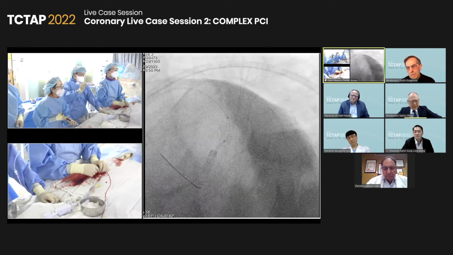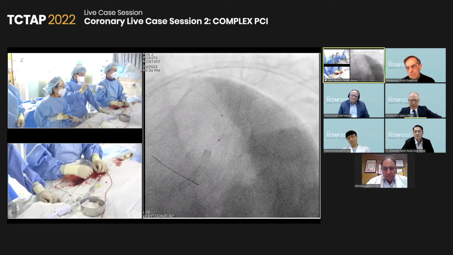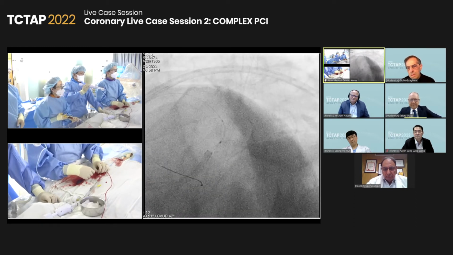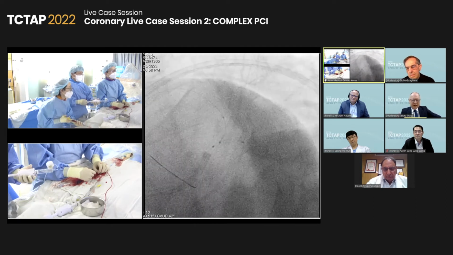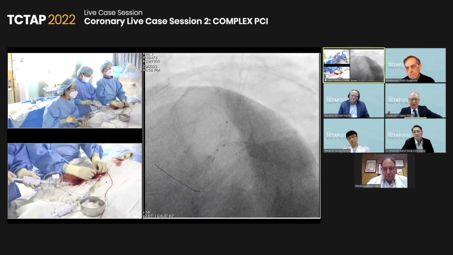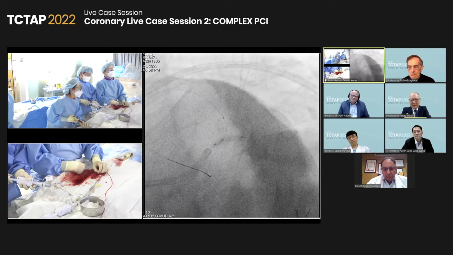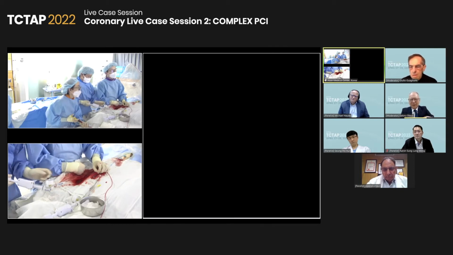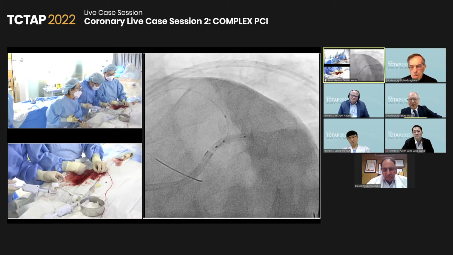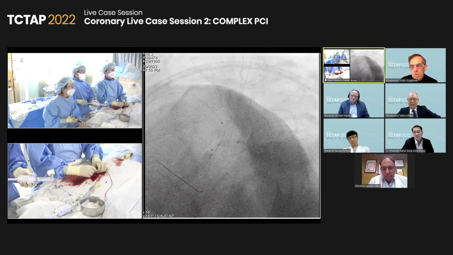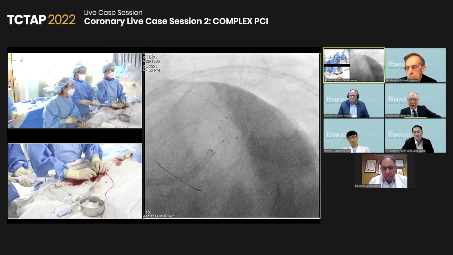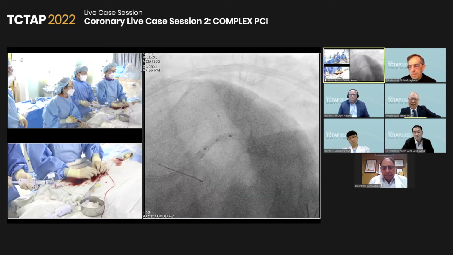But in some cases of nodular calcium lesion, the nodular part is not. I don't see the plaque on the nodular part, but some eccentric expansion will be expected after IVL.